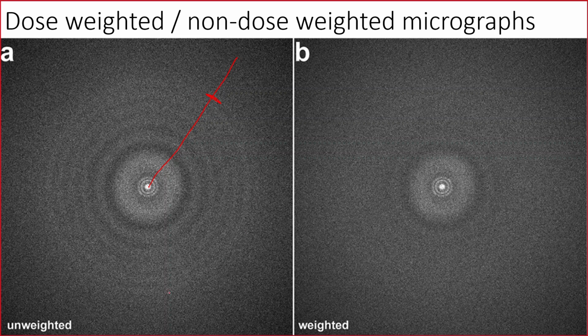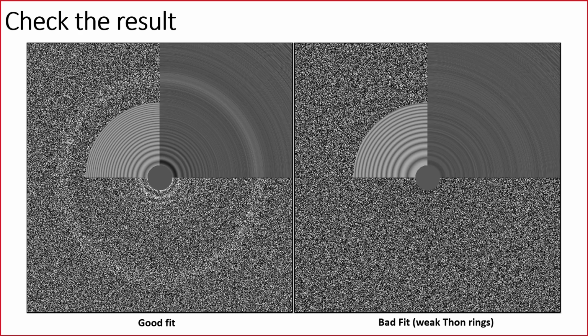It might come from the carbon edge of your support film, but it helps for the estimation of the CTF. Whereas in the dose-weighted ones, the high frequencies, of course, are damped down in the sum. Therefore, these micrographs are less suitable for CTF estimation. Yet, it's doable also on these micrographs to do the CTF estimation. And then the problem of slightly incorrect CTF fitting might be corrected in later steps using the CTF refinement process.